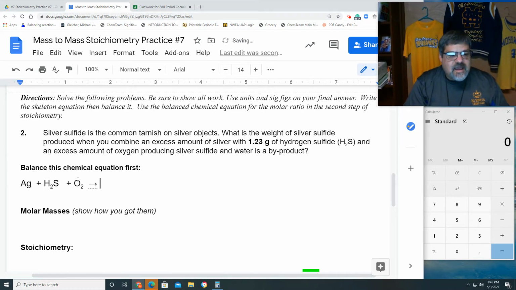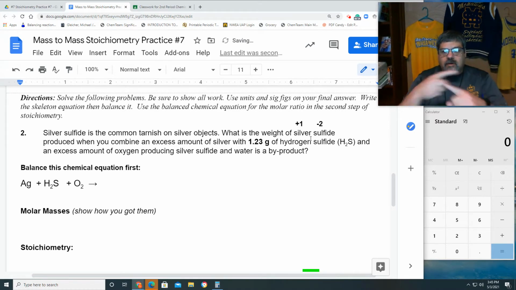and it's going to create silver sulfide. Now for silver sulfide, I tab over and put the charges here. Silver is a +1, and sulfide is a -2.